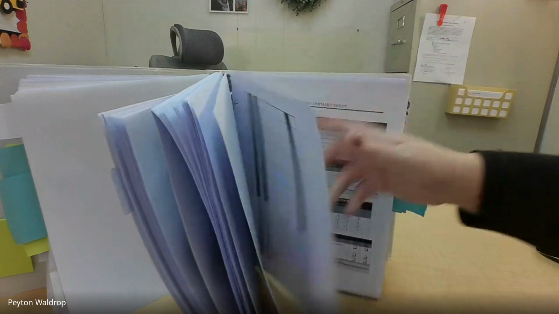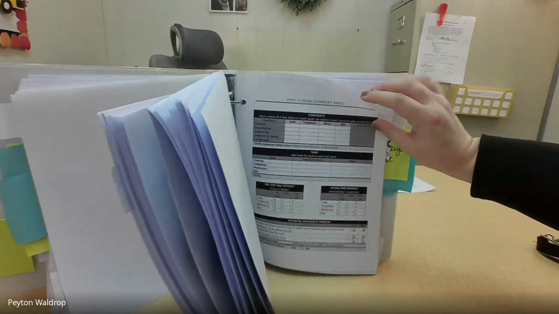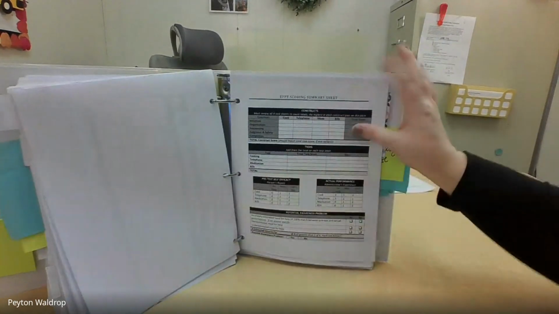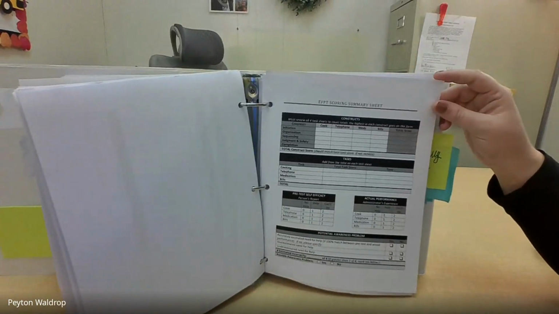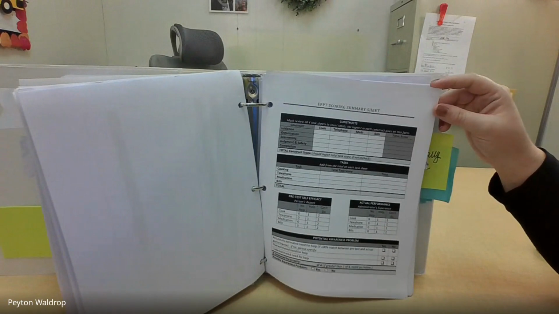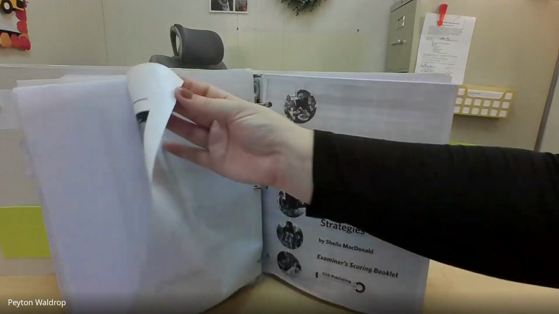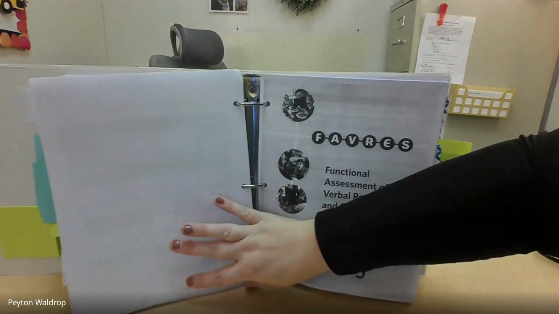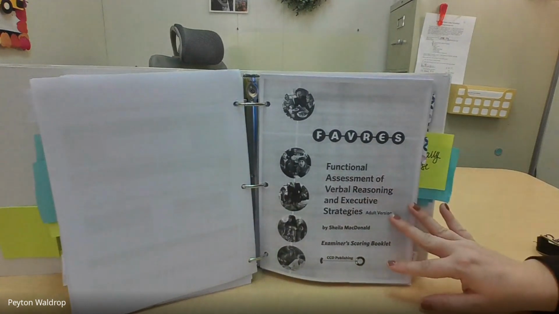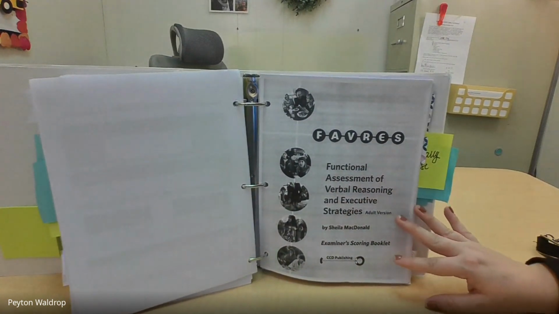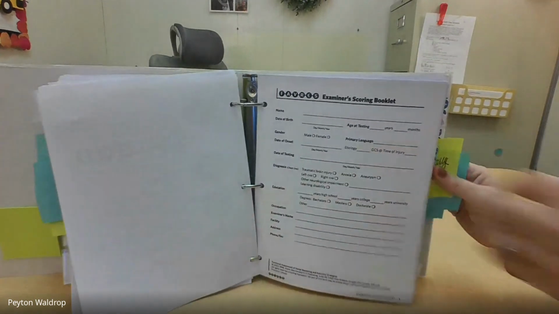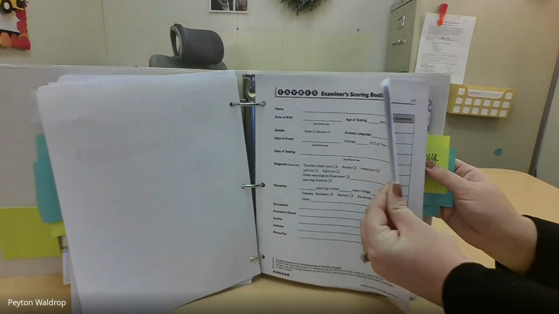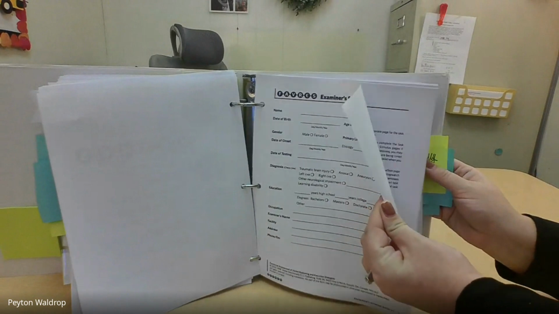And then it gives you a scoring summary sheet that you can use to tally up all of the components of the assessment. I also have the FARVs in here for testing executive functioning as well. So this includes the FARVs in its entirety.